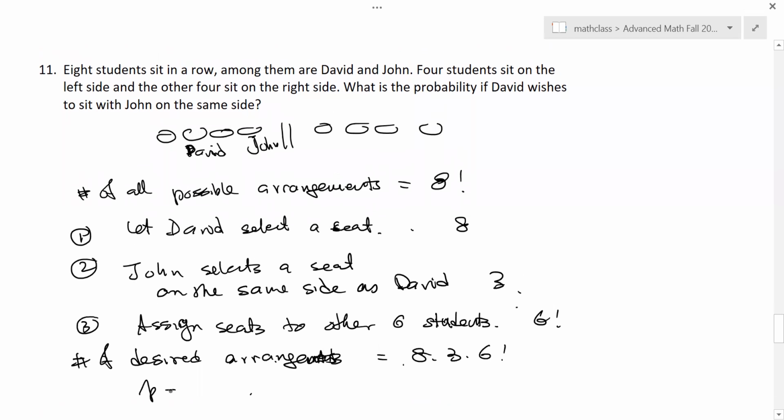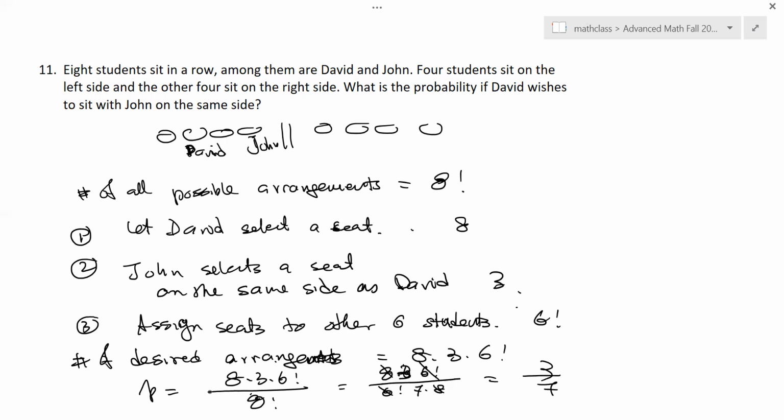Then you simplify: the probability is 8 times 3 times 6 factorial over 8 factorial, which is 6 factorial times 7 times 8. So 6 factorial is gone, 8 is gone, so 3/7. Not too bad. So 3/7 is the probability.